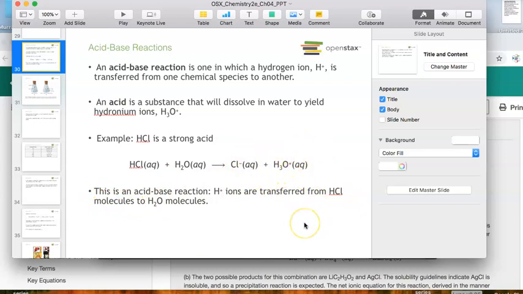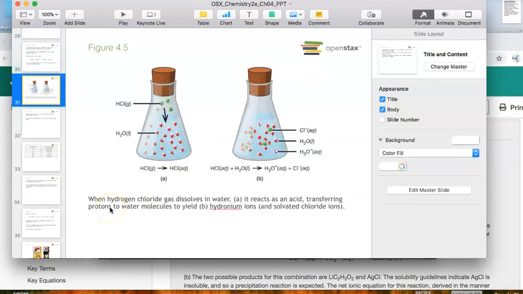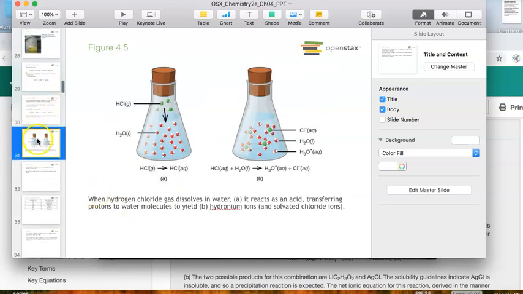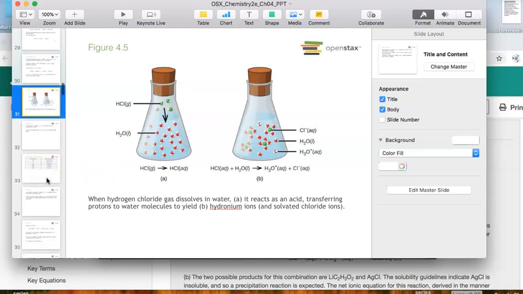When we say something is acidic, the hydronium ion concentration is high, higher than the hydroxide concentration. It's sort of like a balance. We'll get into more detail about acids and bases later. Here we're just giving you a basic idea of what an acid is, and then we'll build upon that.